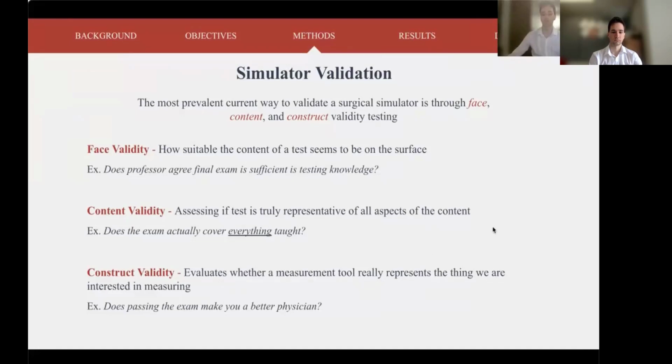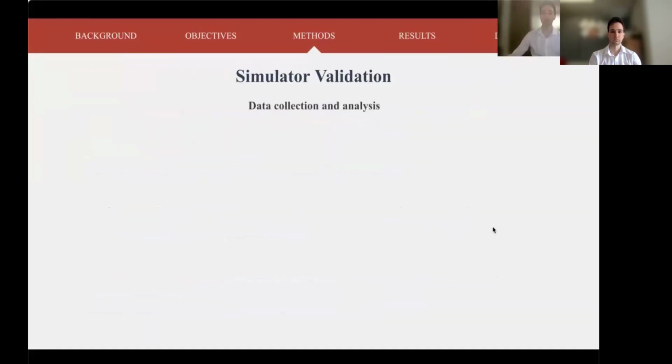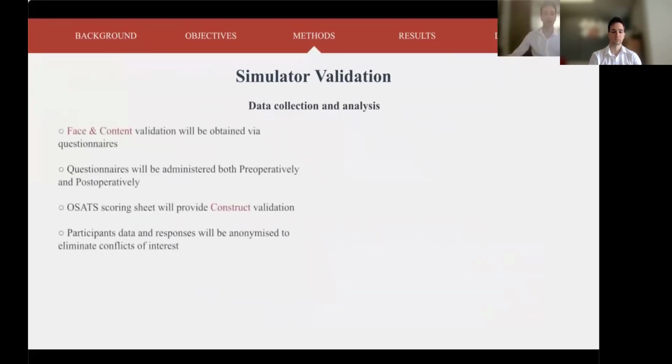So for data collection and analysis of our simulator's validation, we're going to have our face and content validation obtained via questionnaires. These questionnaires will be administered both preoperatively and postoperatively. And for construct validation, we're going to be using the OSATS scoring sheet, which I'll go over in detail in a few seconds. Participants' data and responses will be anonymized to eliminate conflicts of interest.